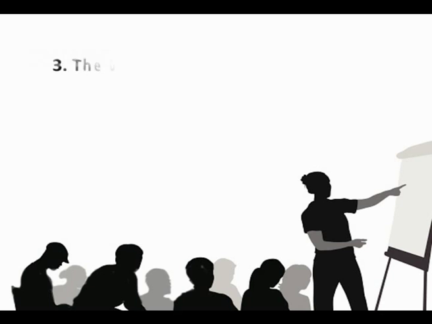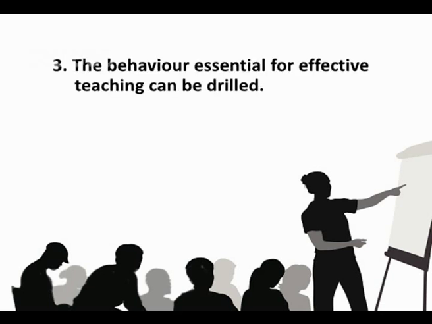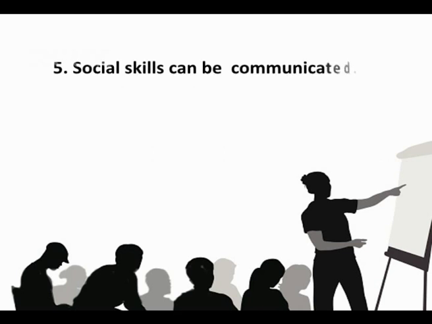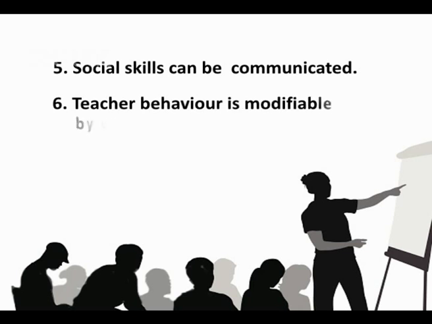The third assumption is that the behavior essential for effective teaching can be drilled. Number 4, the feedback mechanism works in the modification of the pupil-teacher's behavior. Number 5, social skills can be communicated. Number 6, teacher behavior is modifiable by use of feedback devices.